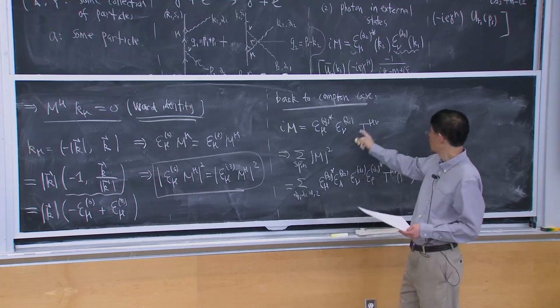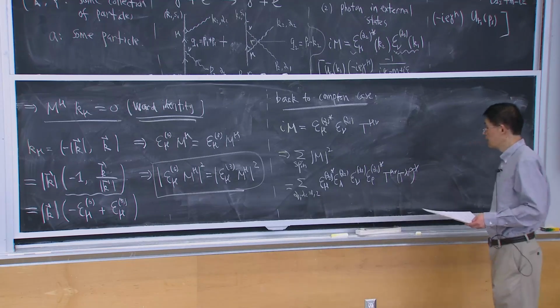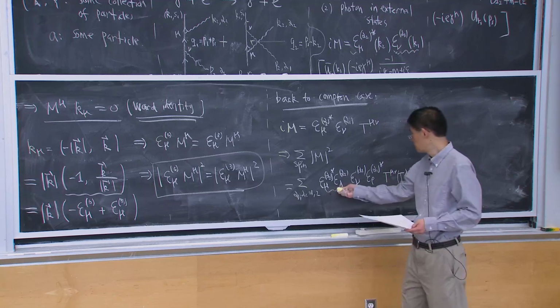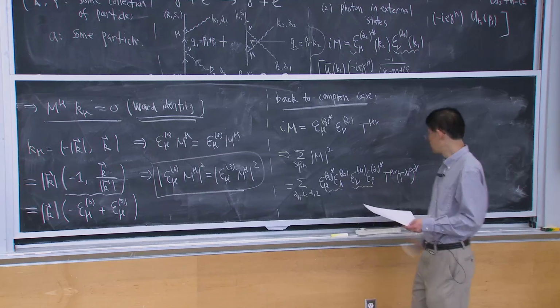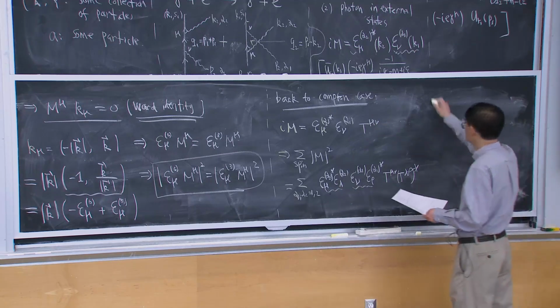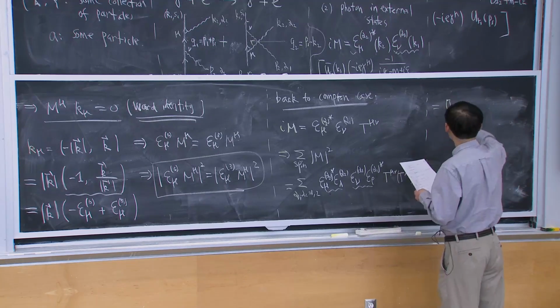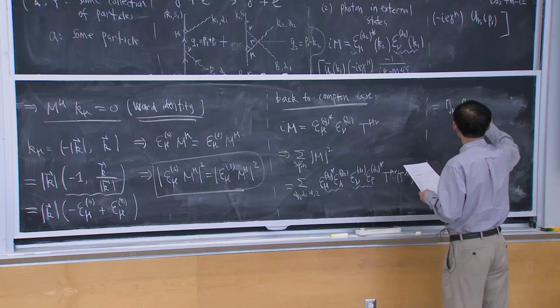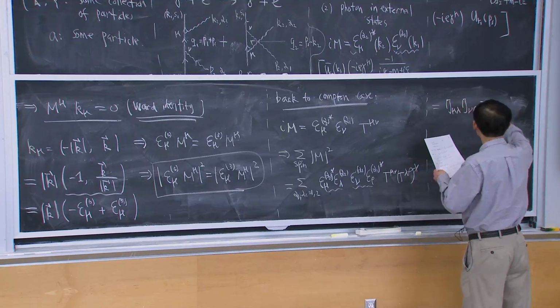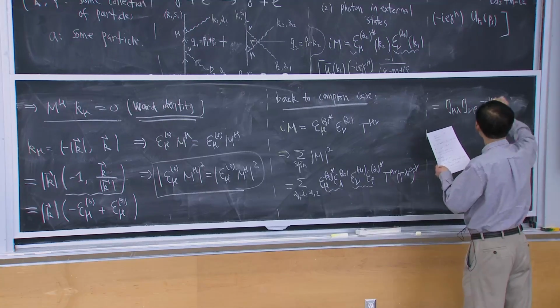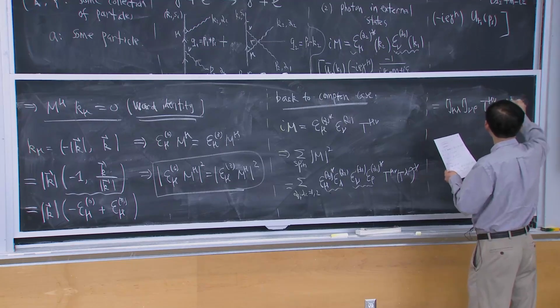I just square this guy. And now I can replace this by eta mu lambda, and this by eta mu rho. So this just becomes eta mu lambda and eta mu rho and t mu nu t lambda rho star.